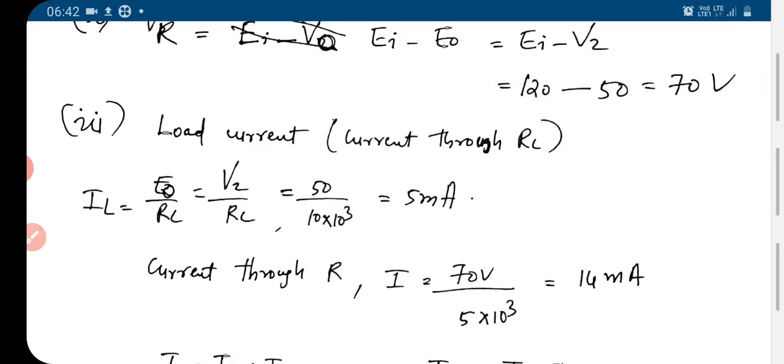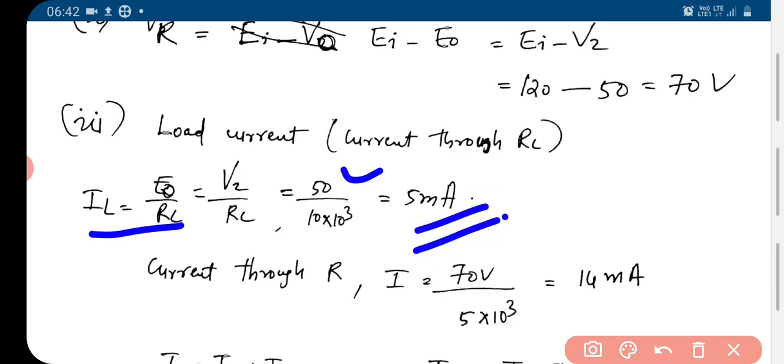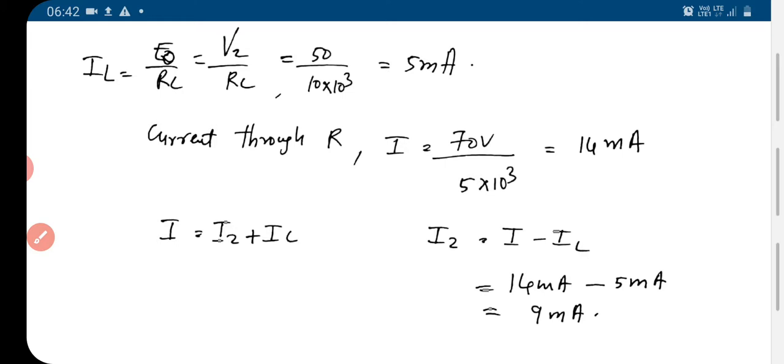Now the load current IL is given by the output voltage Vz, 50, divided by RL, 10 into 10 raised to 3, which is 5 milliampere. So this is the load current, and then the current through R.